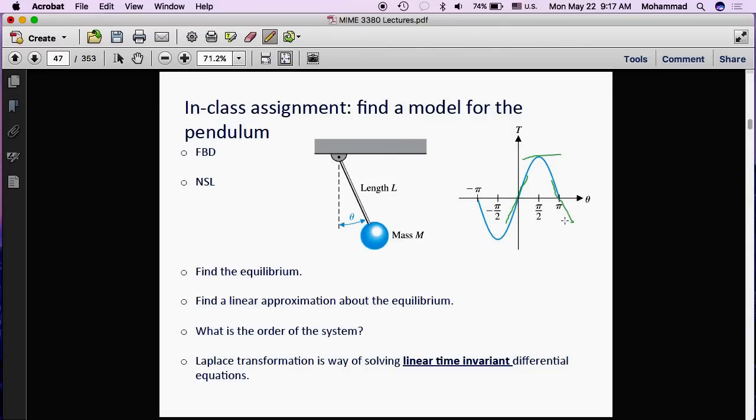Do you know what this line is? What is the equation for this line? It's a line of slope of 1. So if your y equation is sine theta, this y equation here, y is equal to theta.